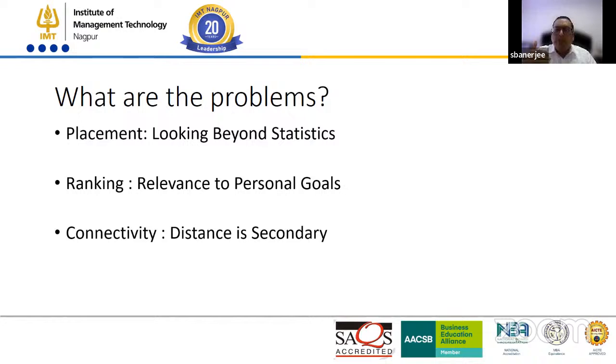So the connectivity of the location of a B school is more important than the distance. Distance is secondary. A well-connected place is going to get you home much faster and quicker than a place which may be closer but not well connected.